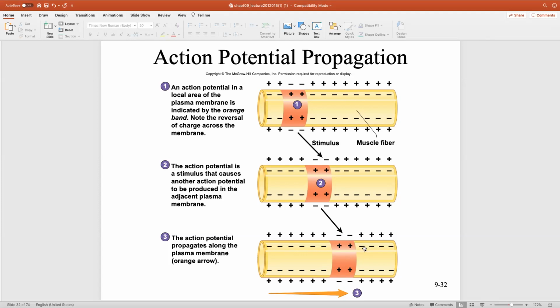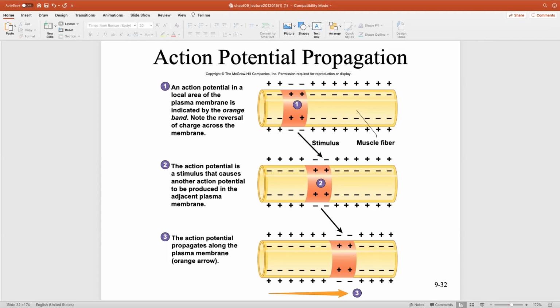When it moves forward, it encounters a membrane that is yet to depolarize. It's at rest. So when sodium moves forward, sodium is positive charge, so it will quickly build up charge. Then you hit threshold in the next segment, and this segment will be the next to depolarize.